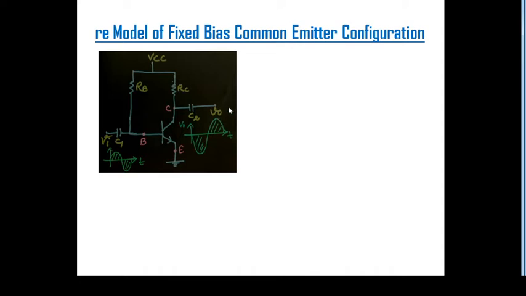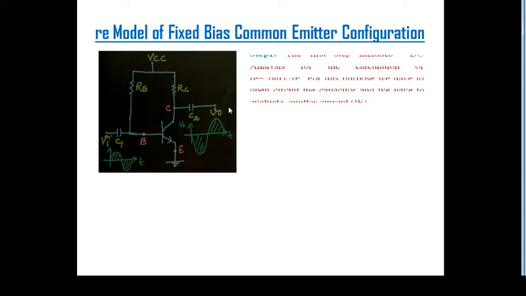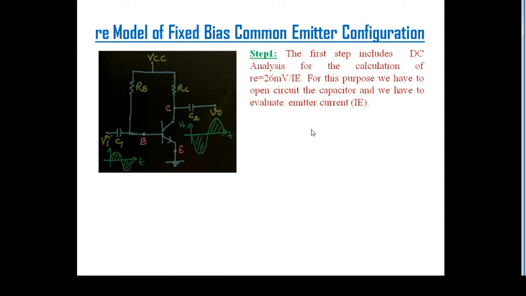Before solving the re model of any BJT based circuitry, first we have to go for the very basic DC biasing. So first we have to do the DC analysis, through which we can find the resistance across the emitter side.